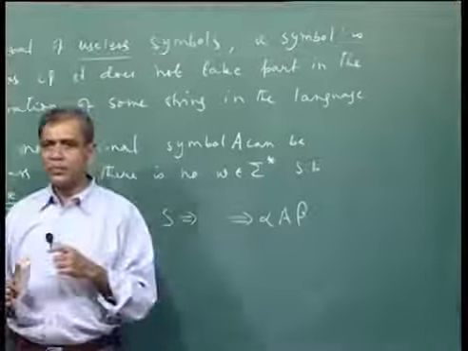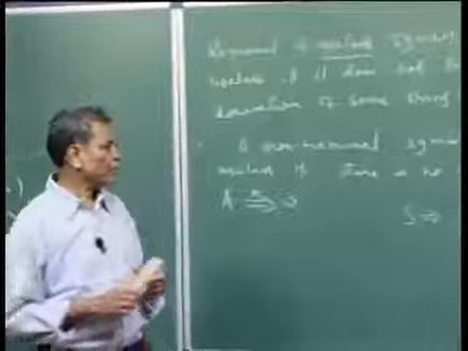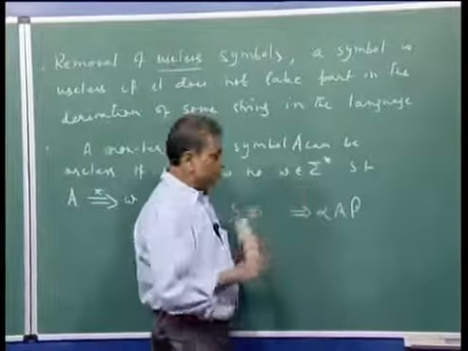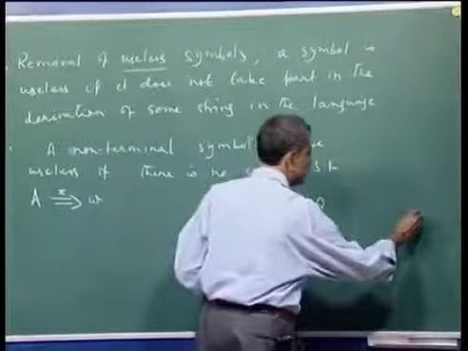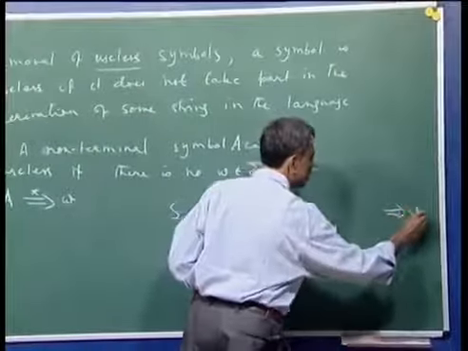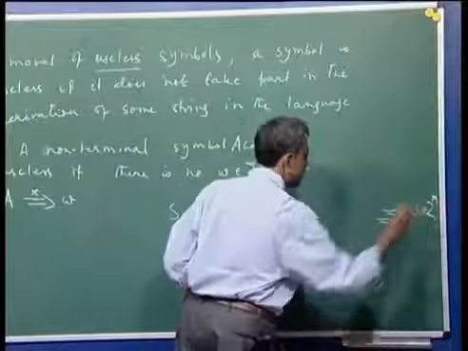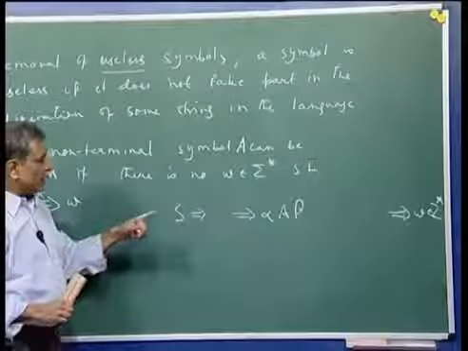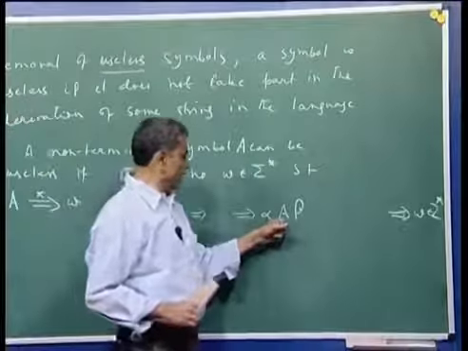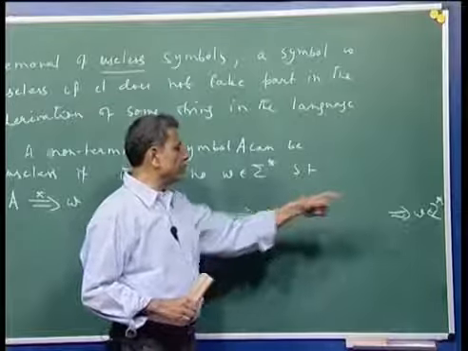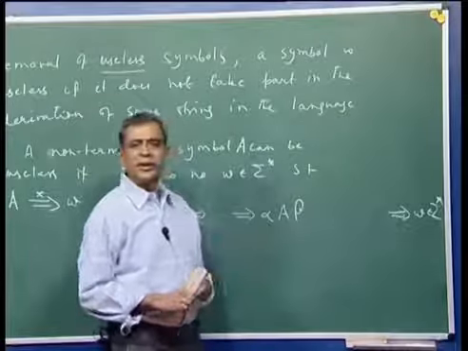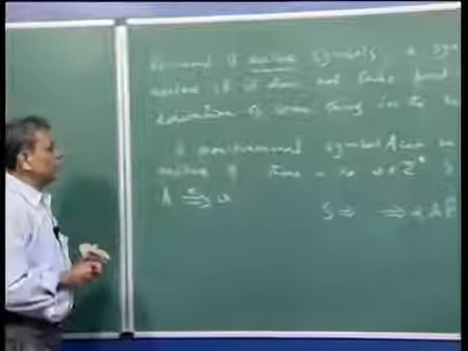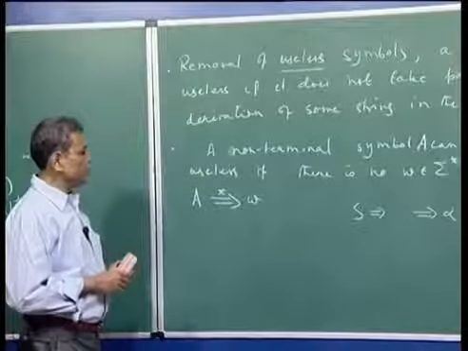Now, that string could even be empty. The point is, this A needs to be rewritten eventually, so that somewhere here you get some w in sigma star. So, there has to be a way of generating some terminal string from this non-terminal A. So, this is one of the ways a non-terminal symbol can be useless.